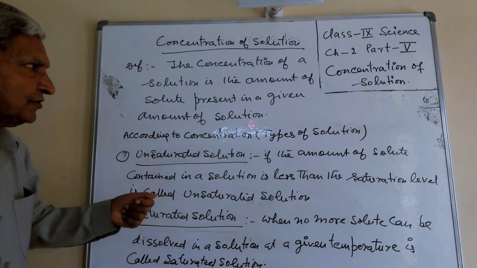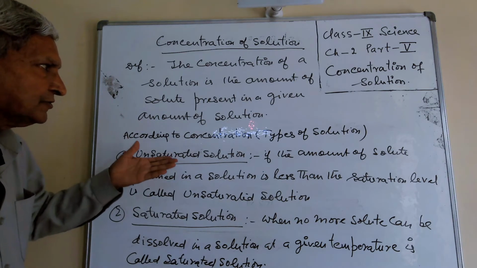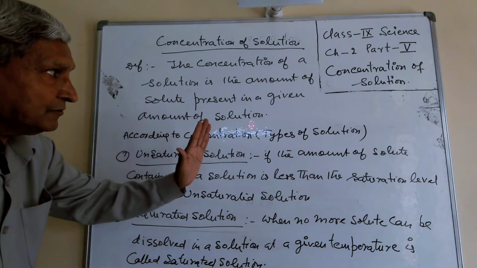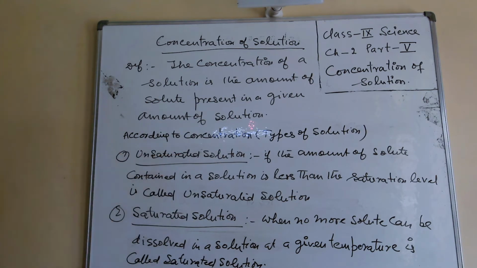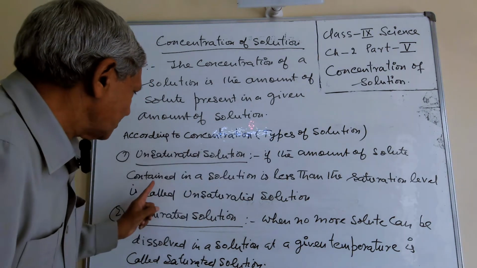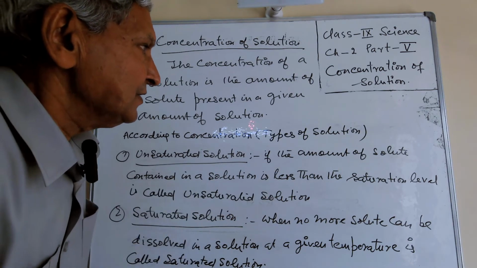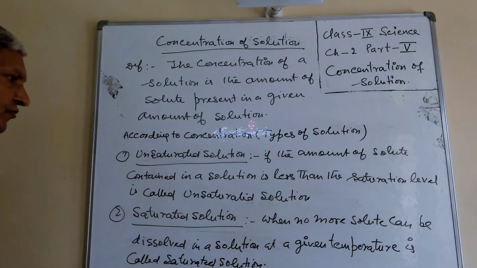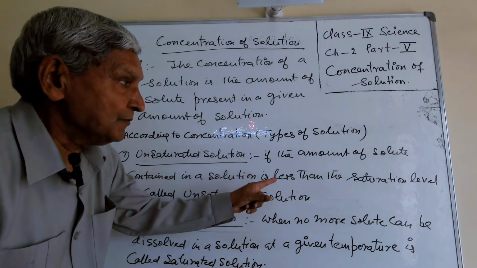According to concentration, there are two types of solution. One, unsaturated solution. Second, saturated solution. Unsaturated solution: if the amount of solute contained in a solution is less than the saturation level, it is called unsaturated solution. It means solute can be dissolved more.